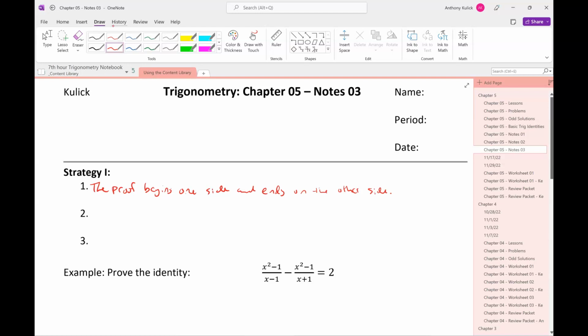Do you think it matters which side you start with? No, it doesn't. It doesn't matter which side.